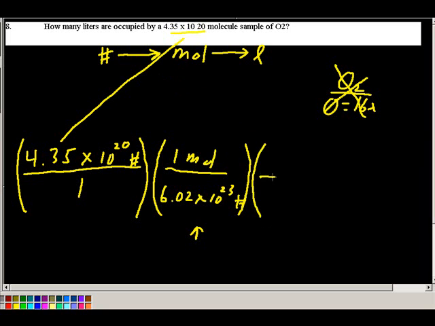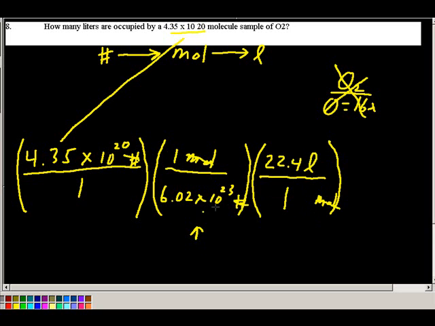So now what we do is we set up another parentheses. Moles is on top, moles is down here. And now we're going to go to liters. So 1 mole is 22.4 liters. So that numbers cancels numbers, moles cancels moles, and now we're at liters here.